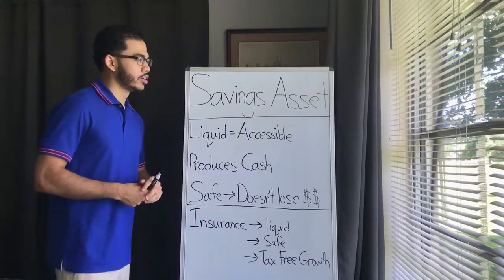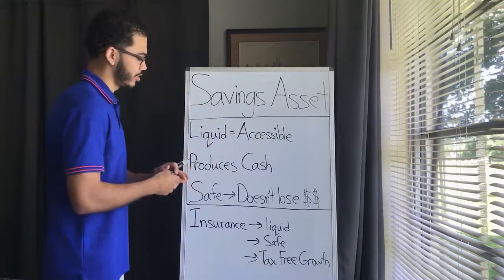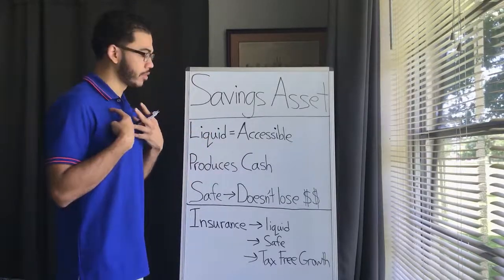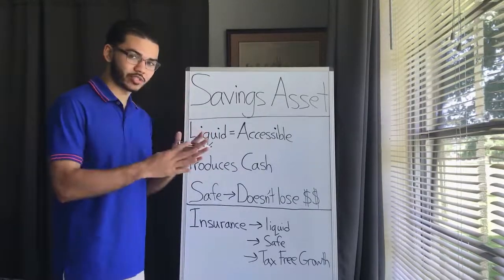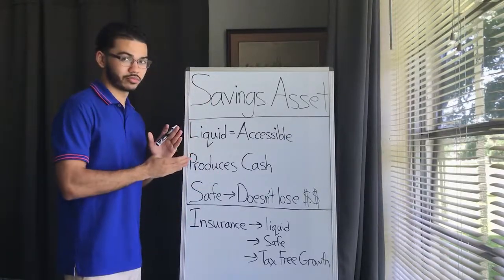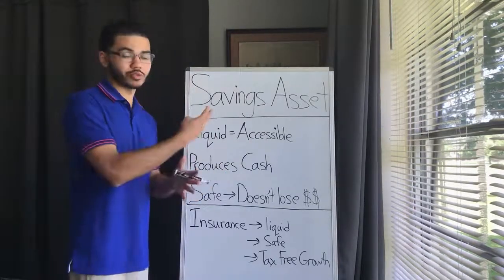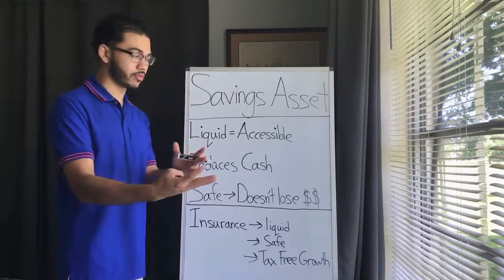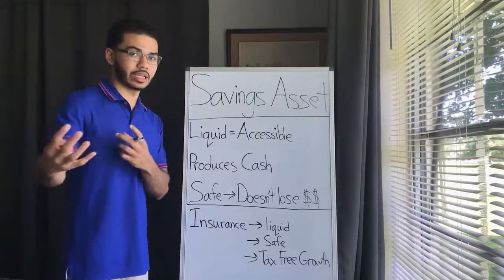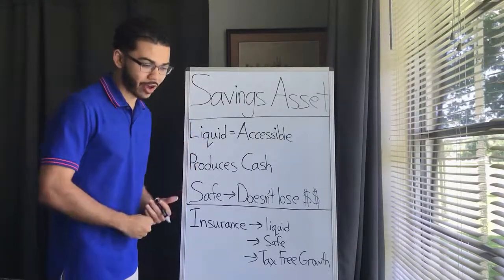Diving right into it, a savings asset has three major components, in my opinion, for it to be a successful savings asset. It needs to be liquid, because if I'm saving money, I need access to it in case an emergency happens, in case something goes down.